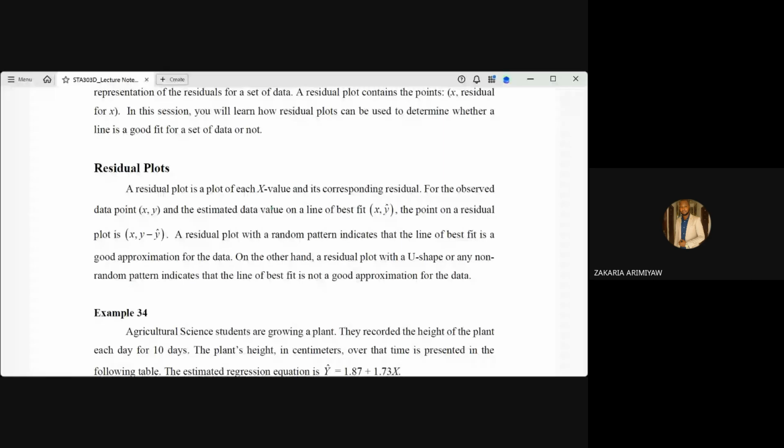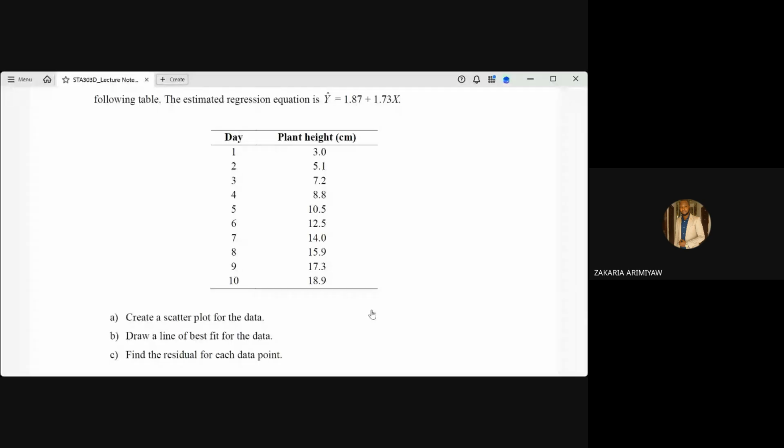So you check from your end. Anyway, I will stop sharing and reshare it again if it will help. So as it is, I have stopped sharing. Let me share the screen again. Yes, now showing. Okay, it's not showing, sir.